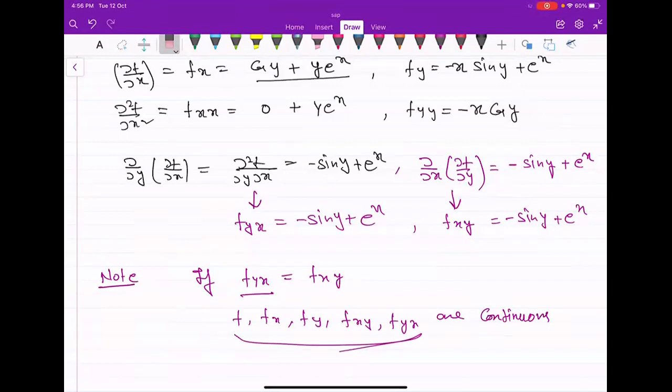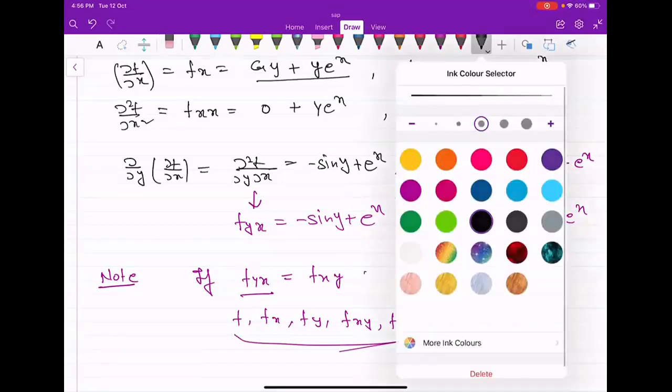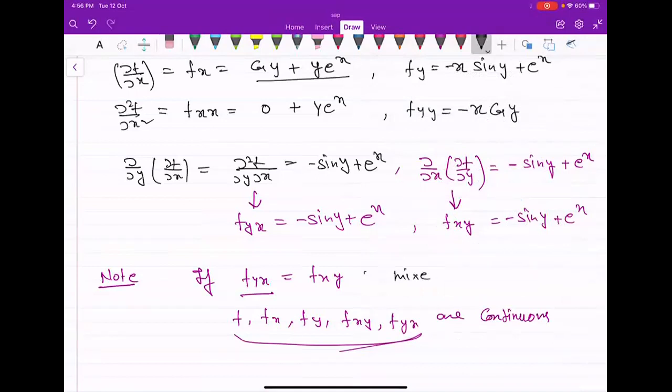But if the second order partial derivatives, also called mixed partial derivatives, exist and they are equal, in that case we will say the function, its first order partial derivatives fx, fy, fxy and fyx are all continuous.